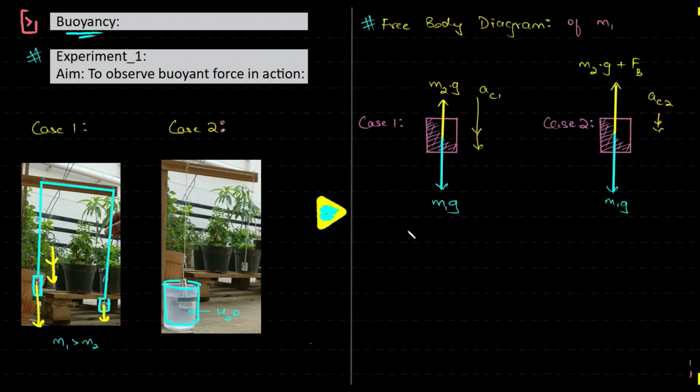So how can we conclude this? A better way of concluding this would be: F net in case 1 would be m1 into g minus m2 into g.